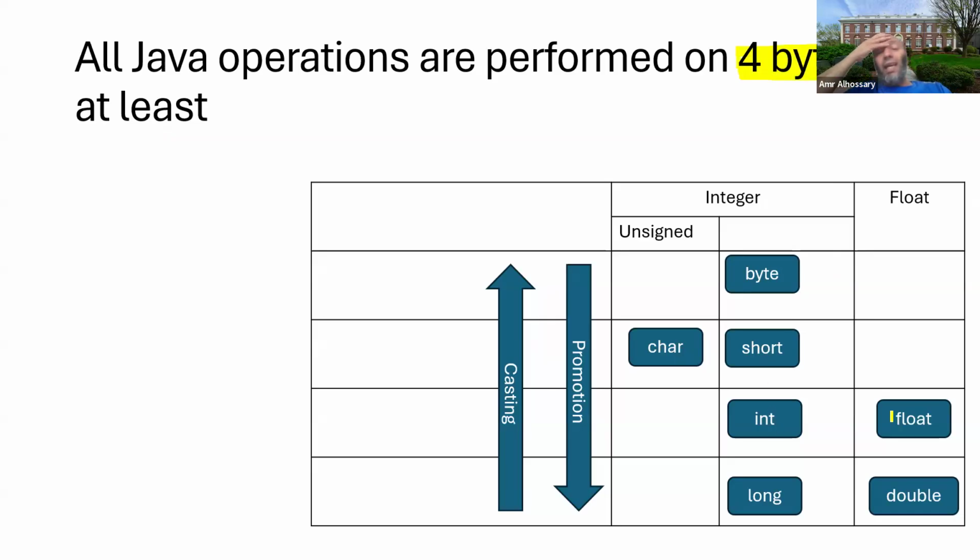So if you want to do any operation on a byte or a short, it must be promoted first into 4 bytes or more for the operation to be performed. This is called promotion, from 1 byte or 2 bytes into 4 bytes or maybe 8 bytes.